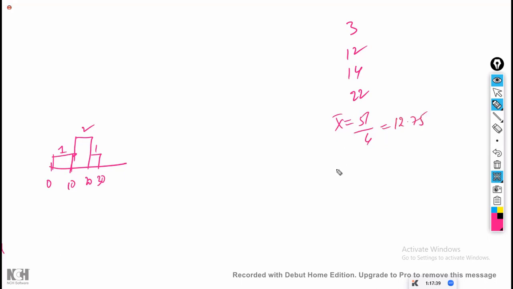Your median value is 13, which is almost close to each other.